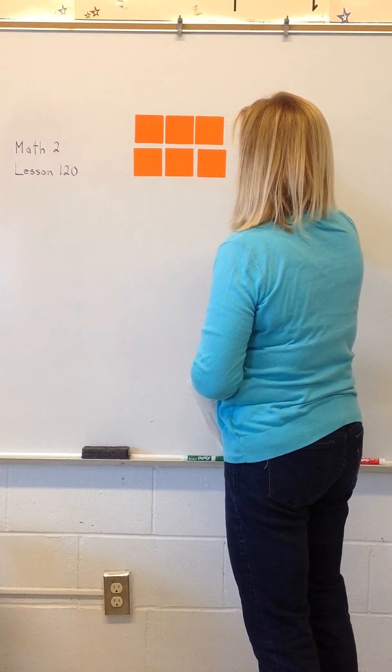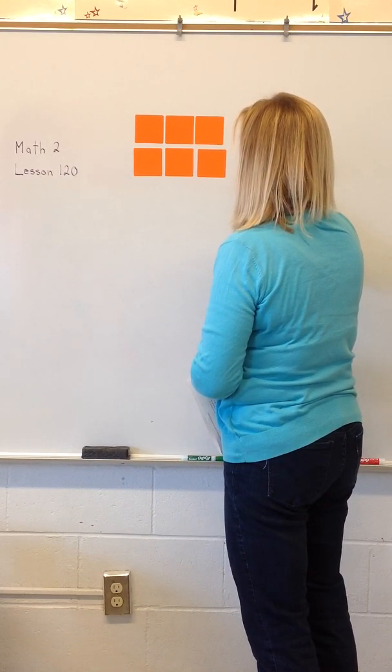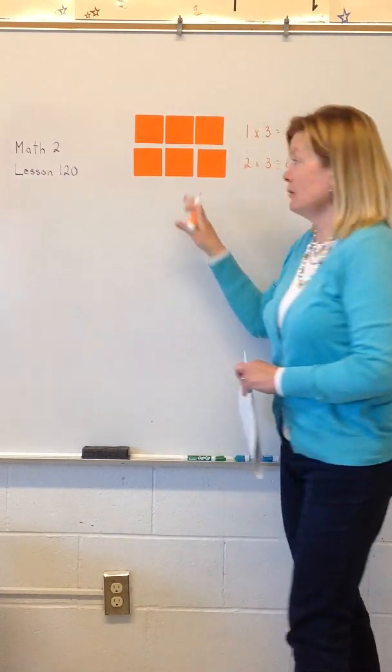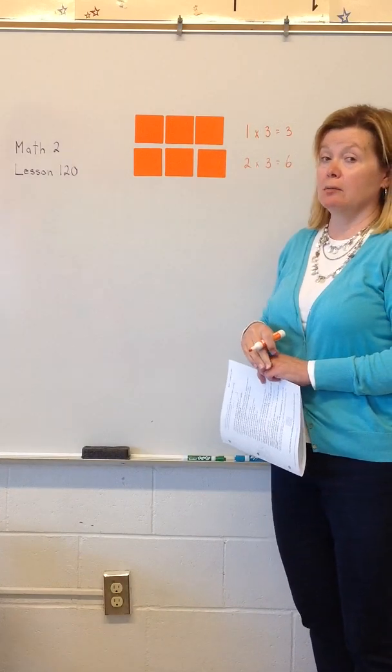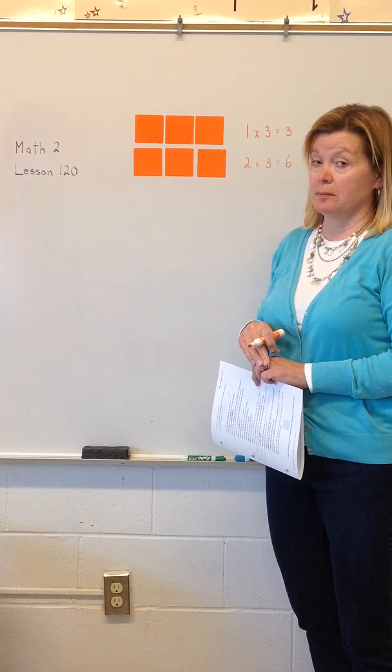So I have 1 group of 3 equals 3. I have 2 groups of 3. That equals 6. Now I'm all out of pattern block squares, so now I have to draw my squares.